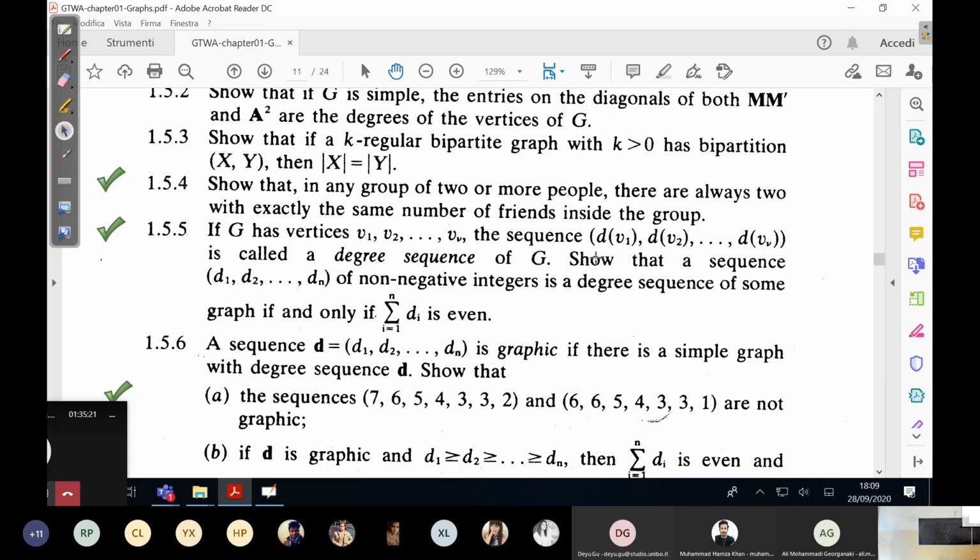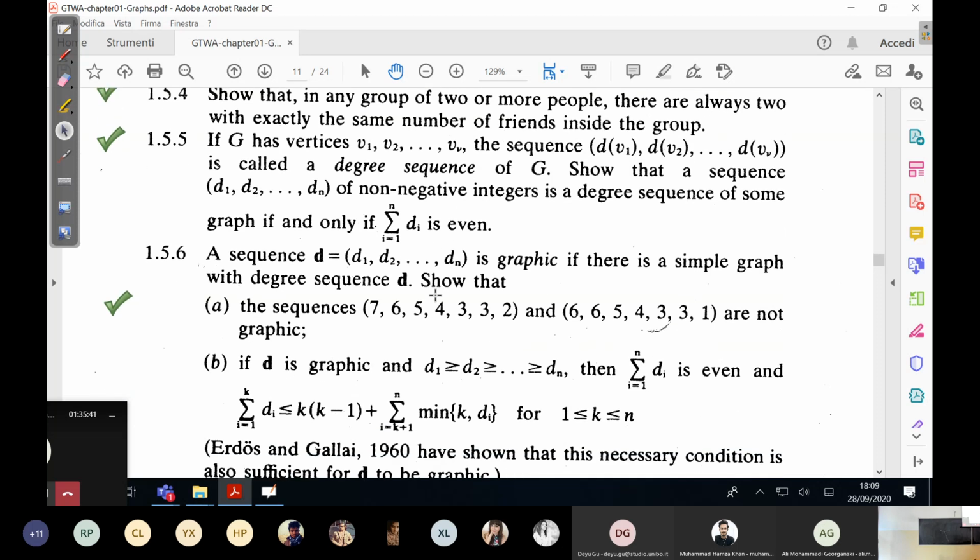And finally, you should have something which, if I give you 1000 such numbers with sum which is even, then your procedure tells me how to build such a graph. Okay? So here the graph is allowed to be with multiple edges, with loops.